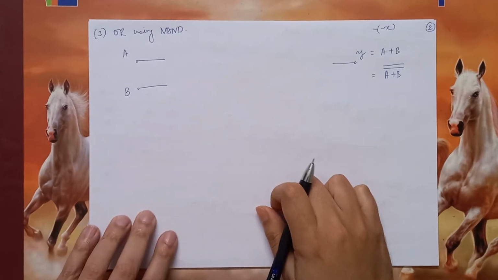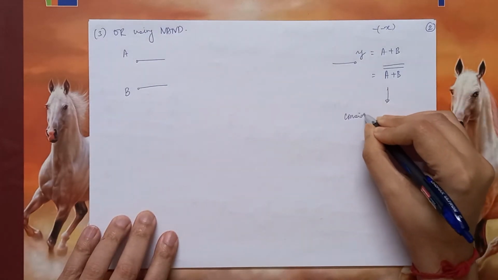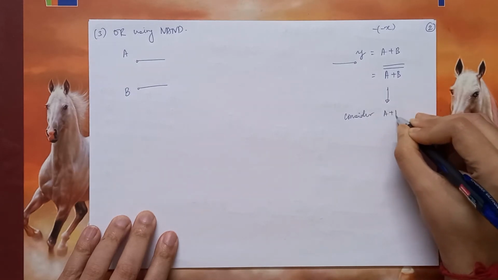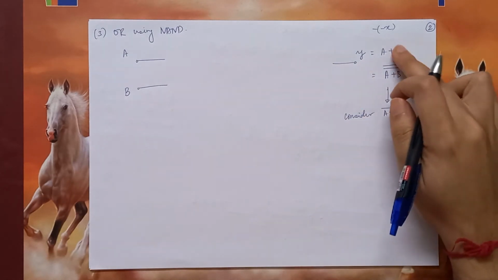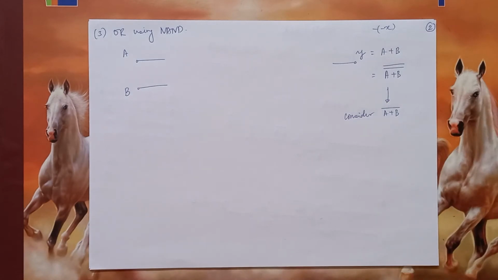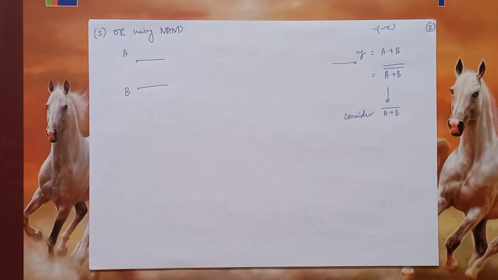Now, consider this quantity a plus b, the whole bar. Even after putting these two bars on a plus b, we are unsure how to proceed because this plus sign seemingly is always there.